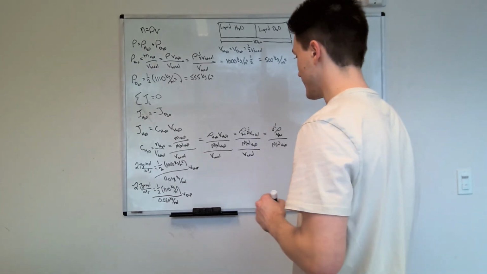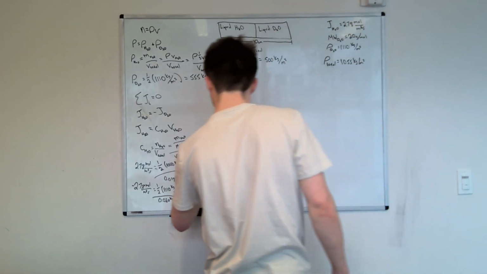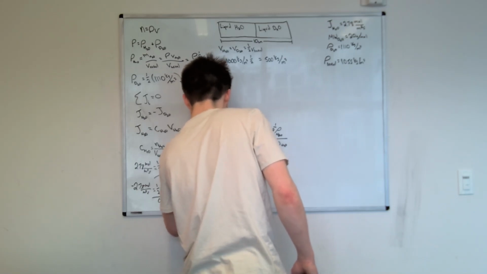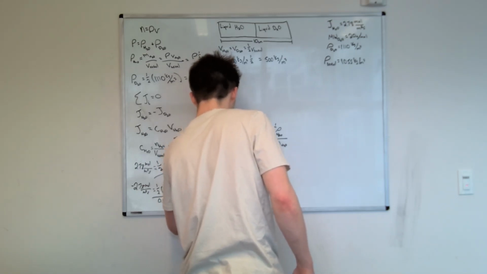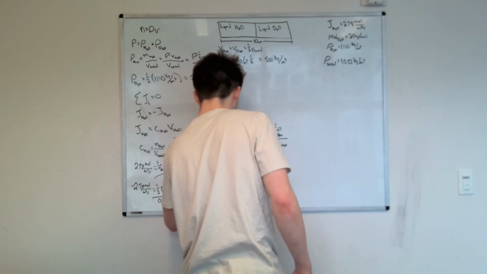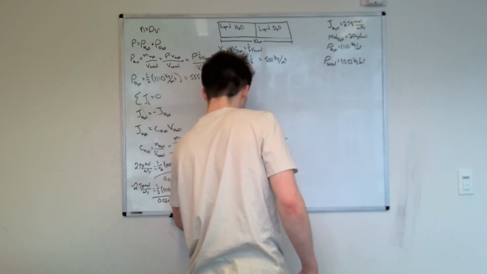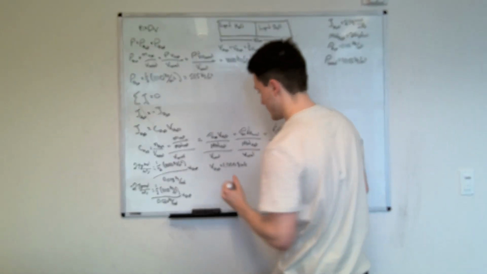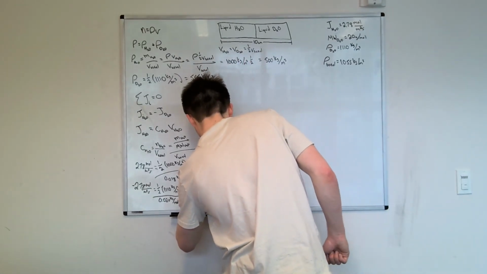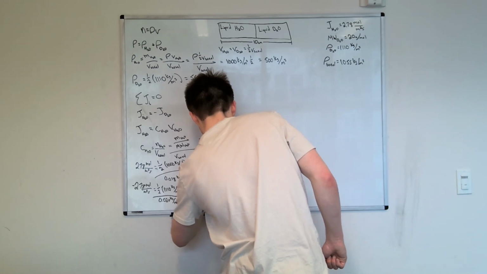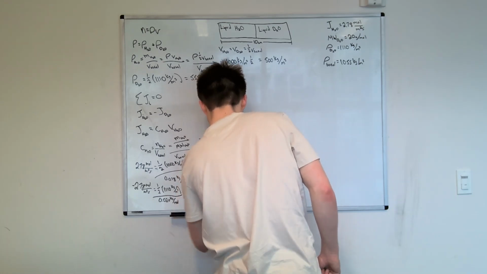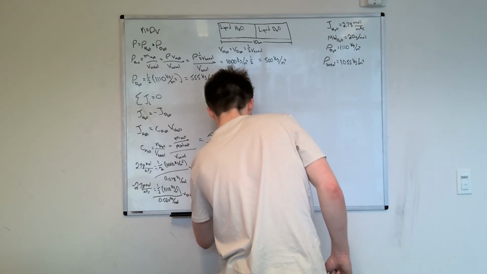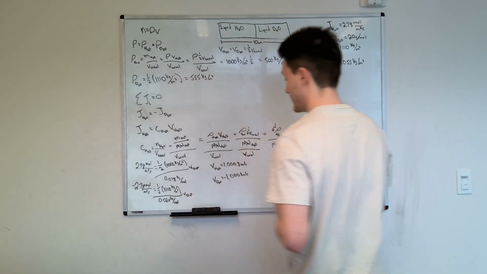So solving for each of these respective values leaves us with a mass average velocity of 1.0008 meters per second for water, and a mass average velocity of negative 1.0008 meters per second for D2O.